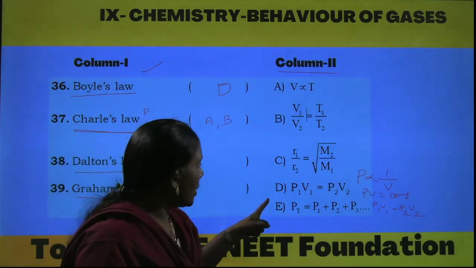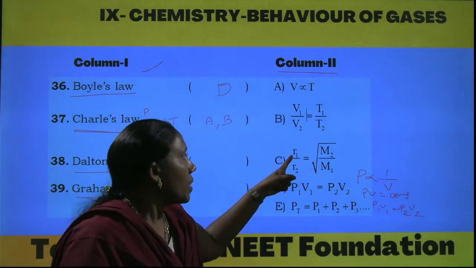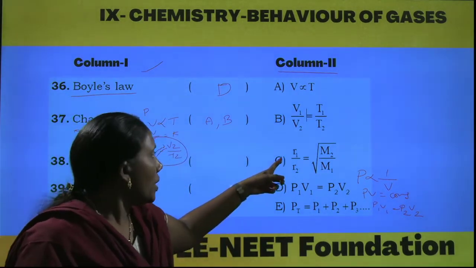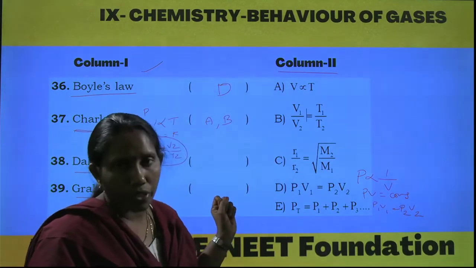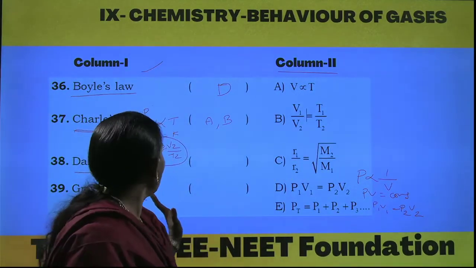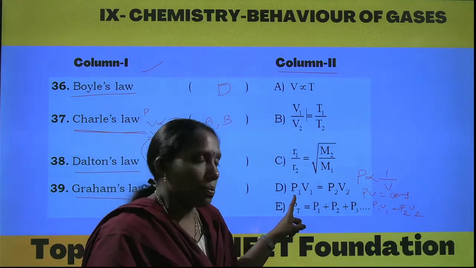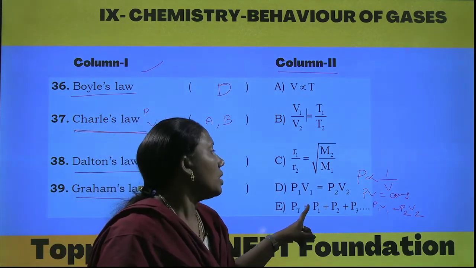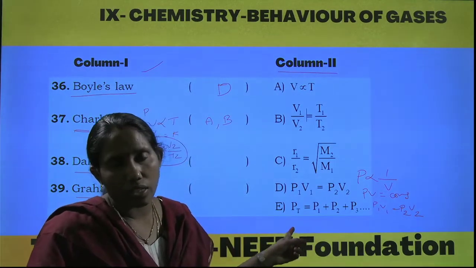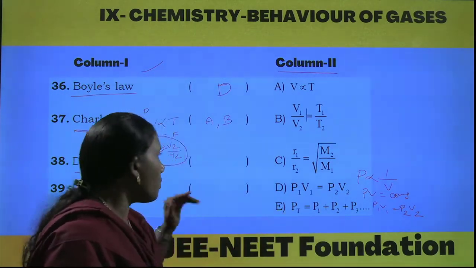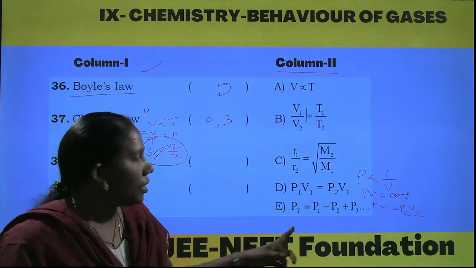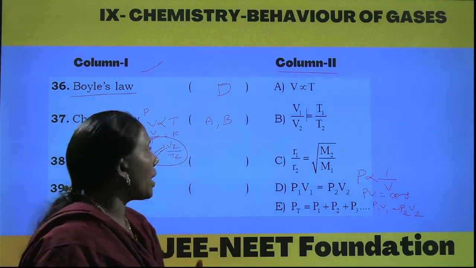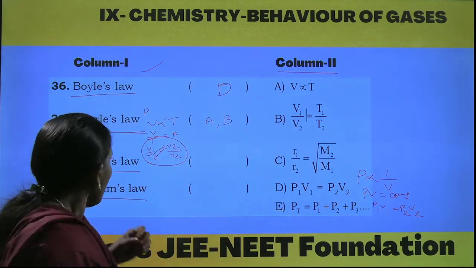Coming to the C, D, E options: C has R, the rate of diffusion, and M, the molecular weight, so that is not related to Charles' law. D option is related to Boyle's law. E option is total pressure, but in Charles' law we keep only the pressure constant, so the E option will not be. So, I will go with A and B.